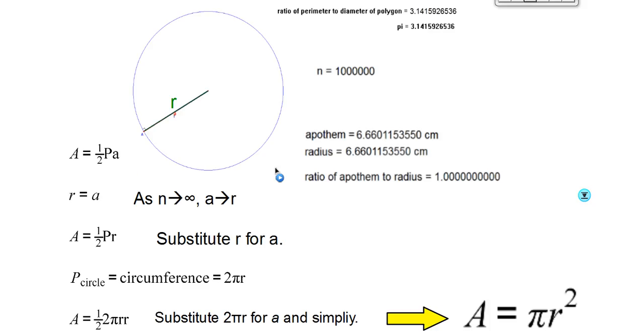And so that's how you get from a regular polygon to this mysterious but beautiful formula, pi r squared. I hope that helps you understand where pi r squared comes from.